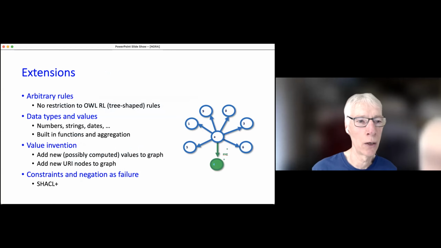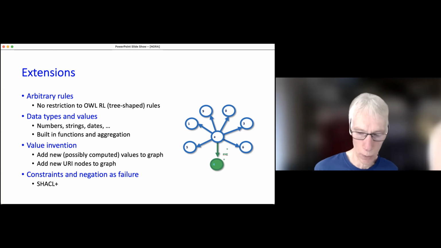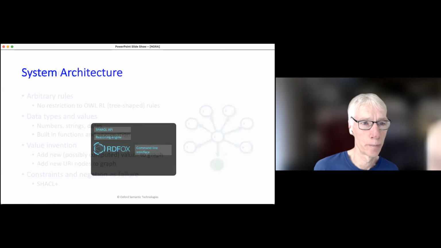So we had to add a whole load of built-in functions for, you know, extracting the year from a date and aggregating numerical values and so on. And we also had to add support for languages such as SHACL, which allow for capturing constraints via a sort of negation as failure extension to the language.